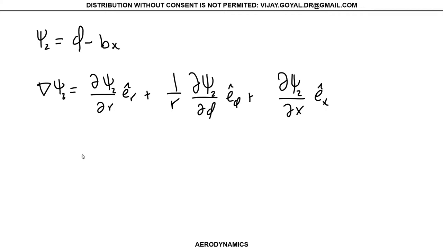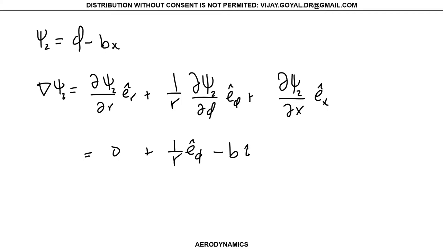When I evaluate all this, the first one gives me 0, since it's not a function of r. This one gives me 1 over r, e phi. This one is minus b, so it's really minus b times ex, and ex is actually i.